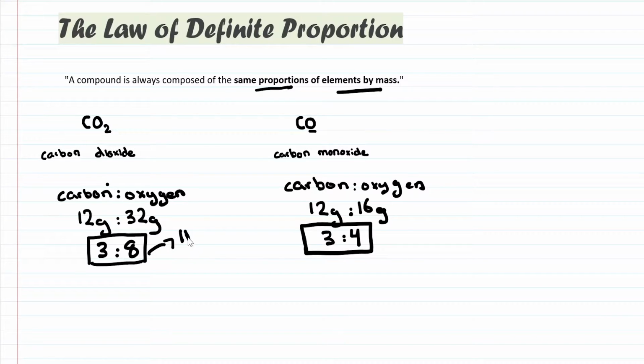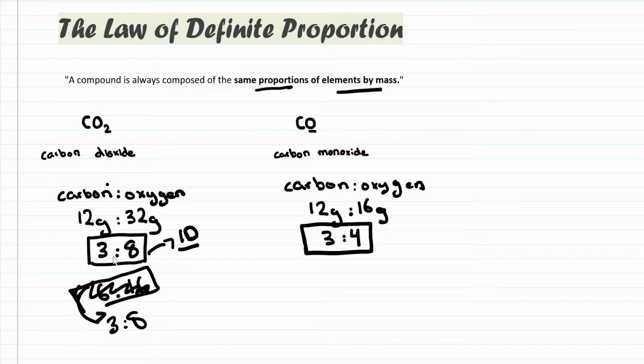If carbon dioxide were to go to the bar, they would ask for this particular ratio. And say carbon dioxide grew up and the ratio became 6 to 16, that's still going to simplify to 3 to 8. So that ratio is constant, if you see what I'm saying there.